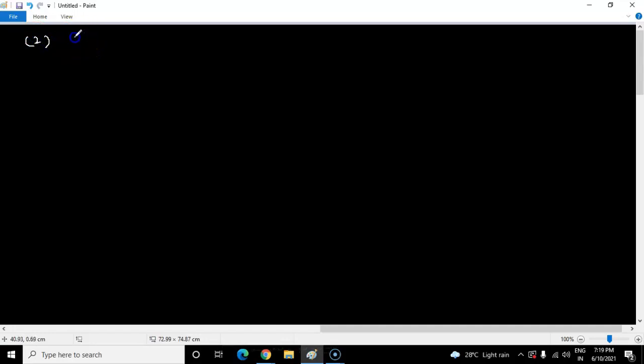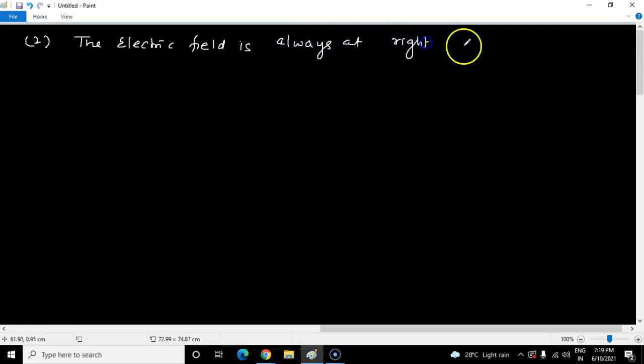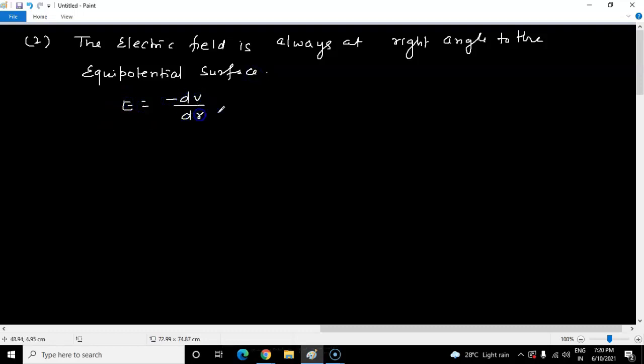Now the second point: the electric field is always at right angle to the equipotential surface.